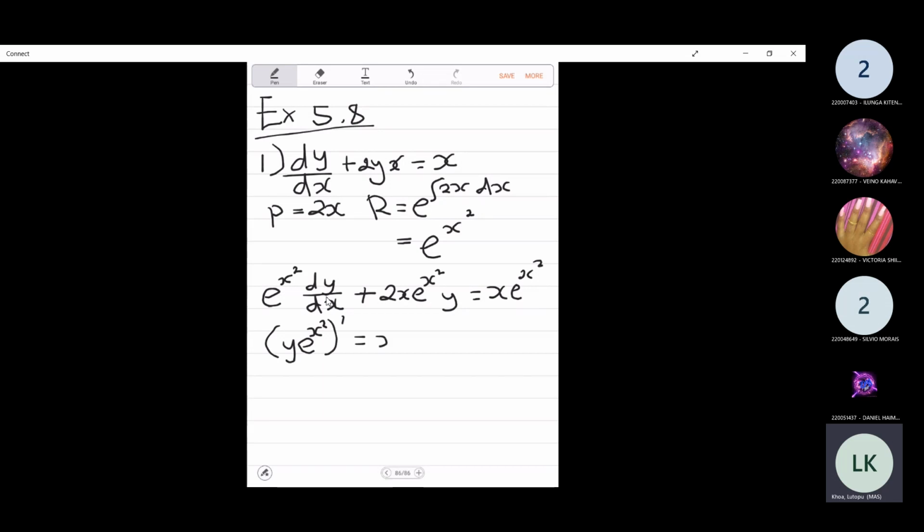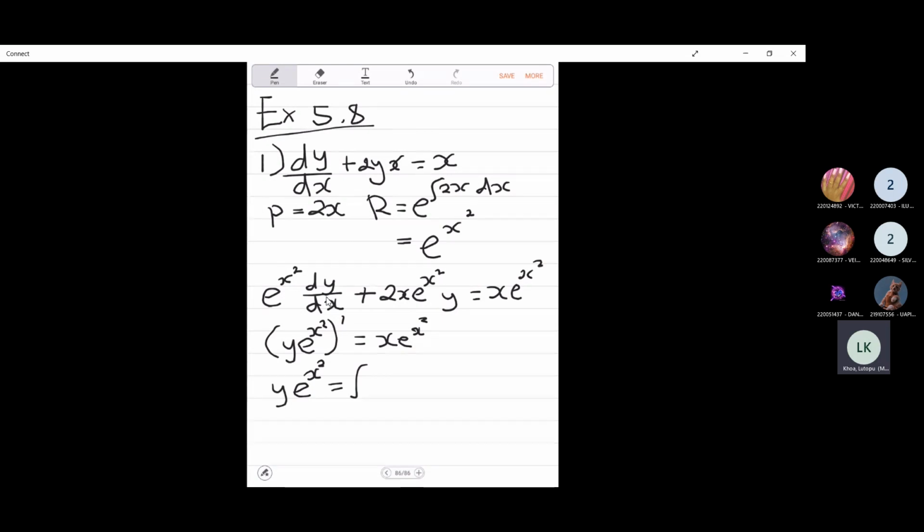This is x e to the power of x squared. Then we integrate on both sides, so we have y e to the power of x squared is the integral of x e to the power of x squared dx. Okay, so here we're only missing a 2 in order for this to be the derivative of our numerator.